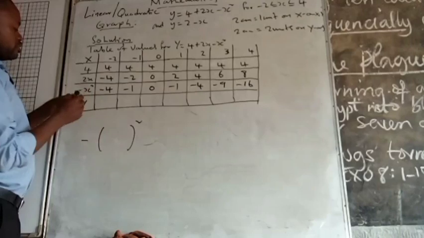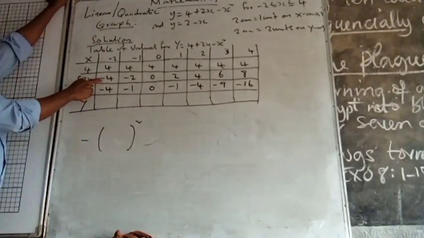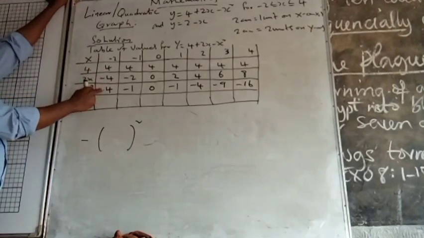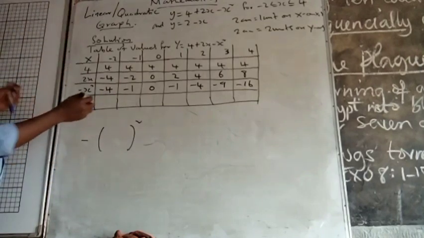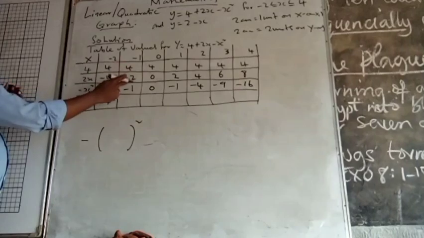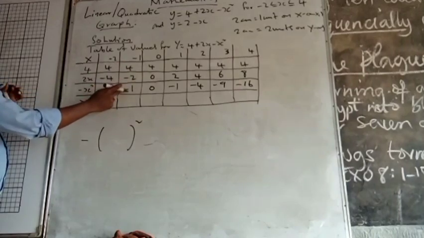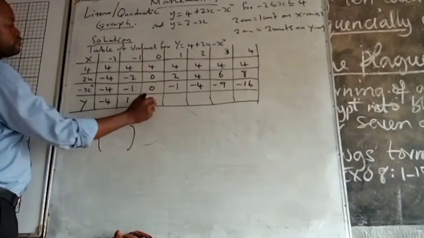We now gather the y values. If you check here, this is 4, and we remove this -4, and bring down -4. Here we have -4. What about this? Minus 2 minus 1 gives you -3. 4 minus 3 is 1. Bring down 4.